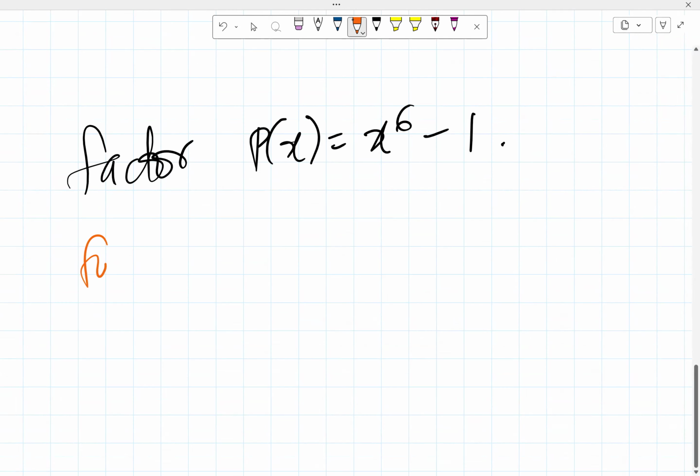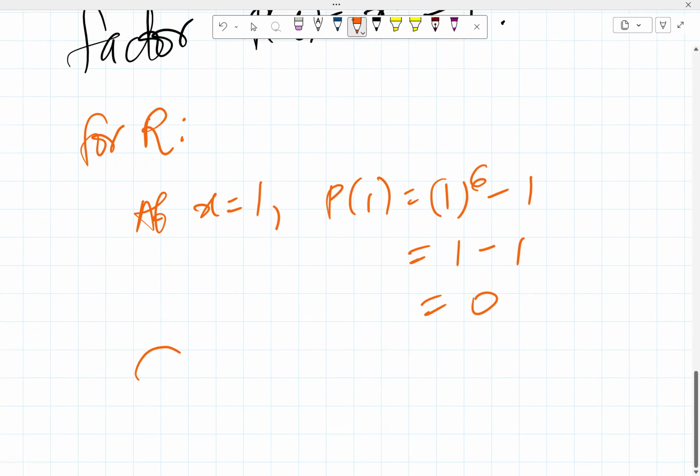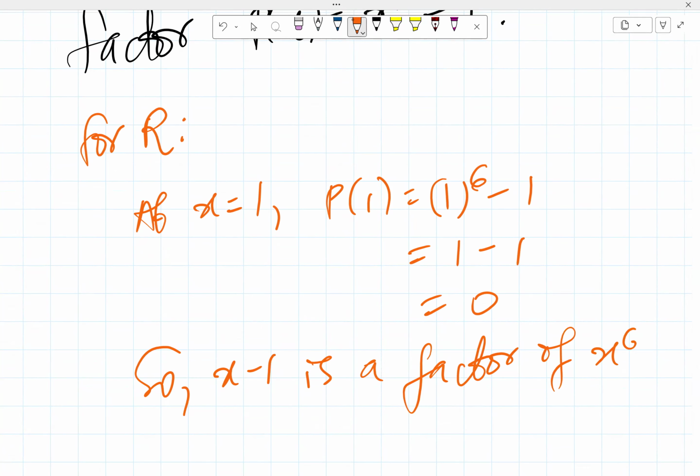Over the real number system, it is clear that when x is 1 or minus 1, we get 0. So at x equals 1, we have P of 1 equal to 1 raised to 6 minus 1, which is 1 minus 1, and that is 0. So x minus 1 is a factor of x raised to 6 minus 1.